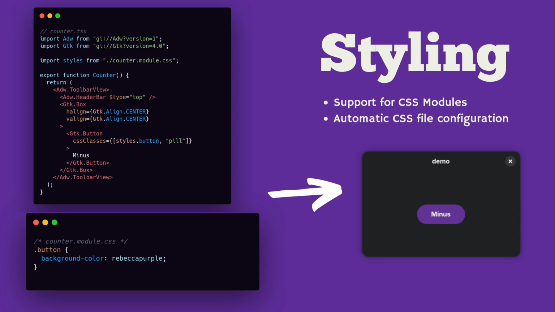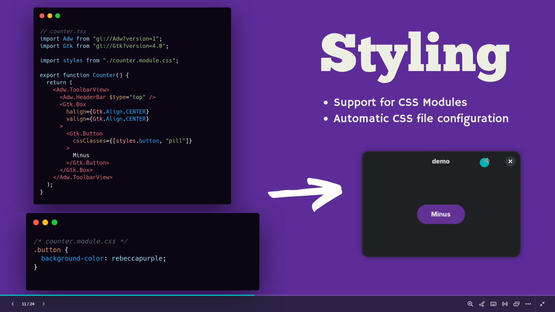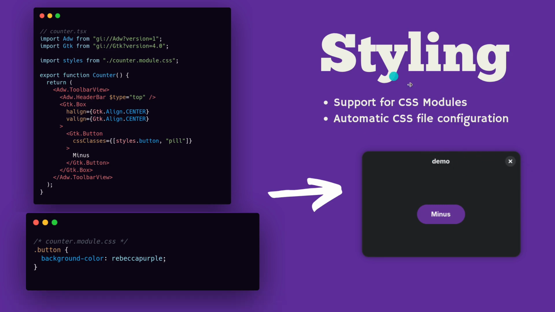It will also bundle it automatically without you needing to put it in a resource file, and you can use the styles from it by just typing styles from the imported CSS file and then dot the class name that you want to use. This is also nice since it will always generate unique style classes, so you don't have collisions. So here's an example of a page that was written with CSS modules.